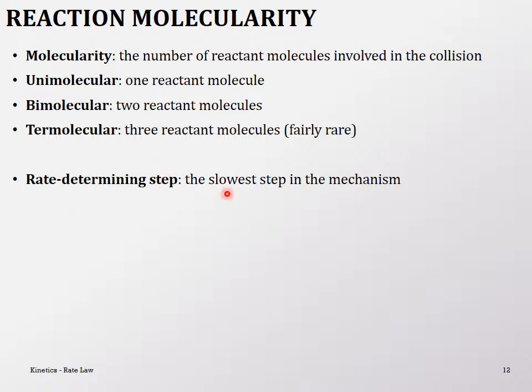Everything else happens very fast. For example, on the graph that you're looking at, the slow steps are occurring over here as the graph is going up. By the time you reach the transition state, from there everything is downhill, which means everything is happening at a faster rate. So the rate determining step is the slowest step in the mechanism. That pretty much determines how fast your reaction will go.